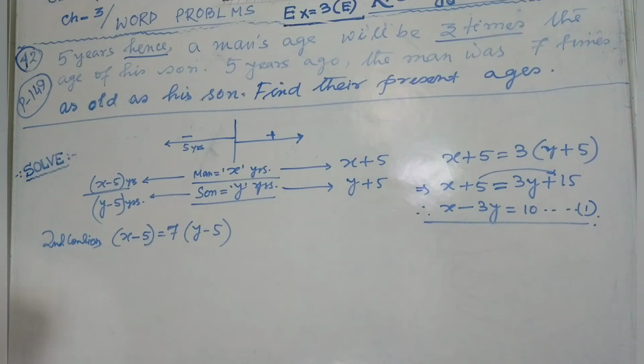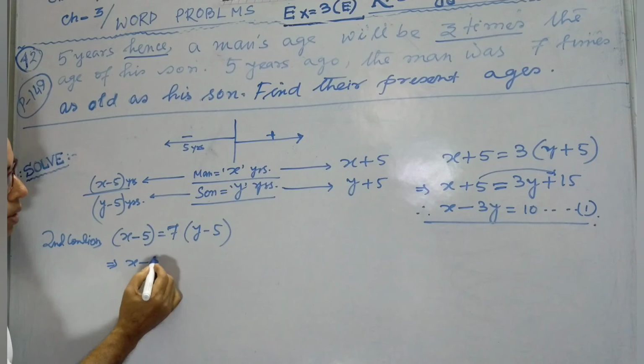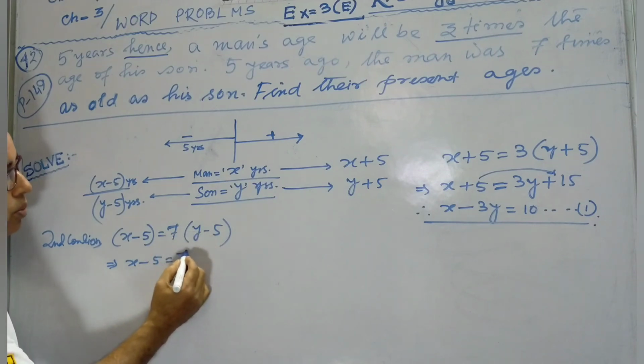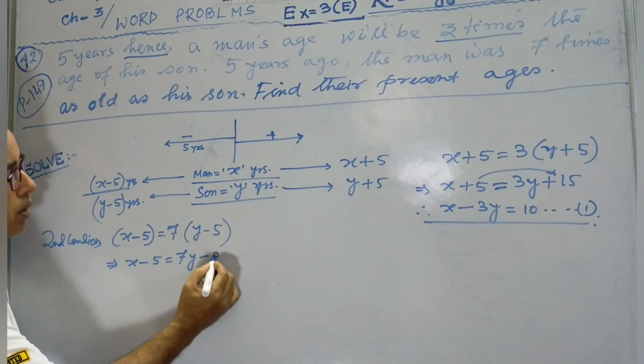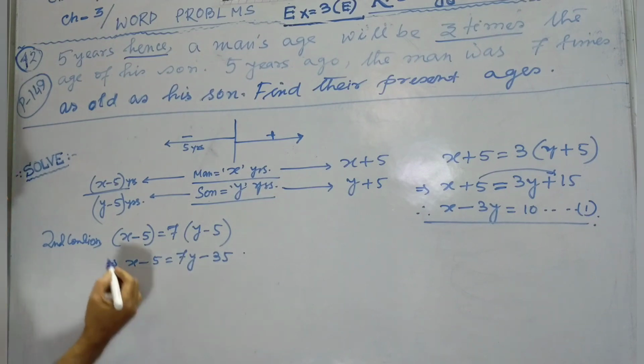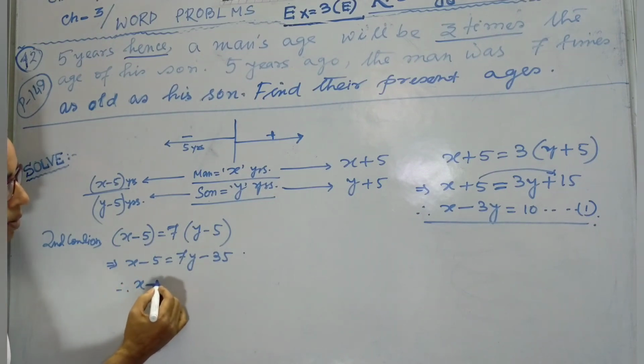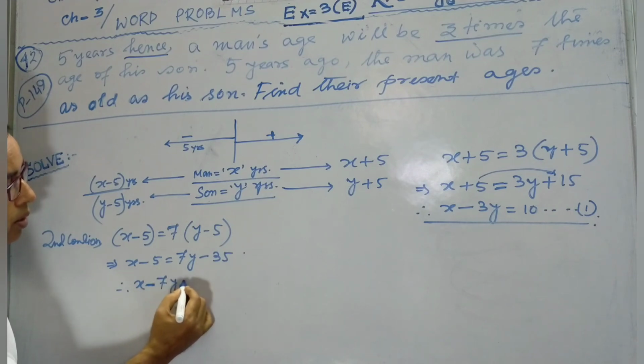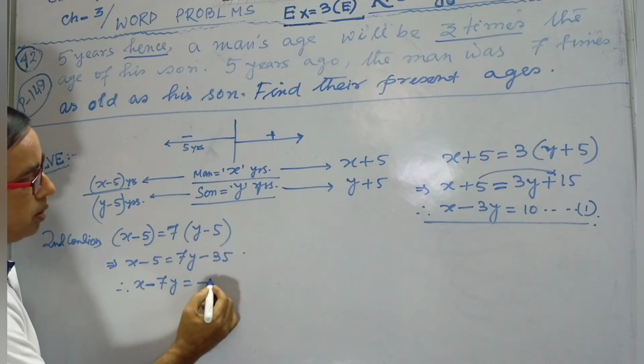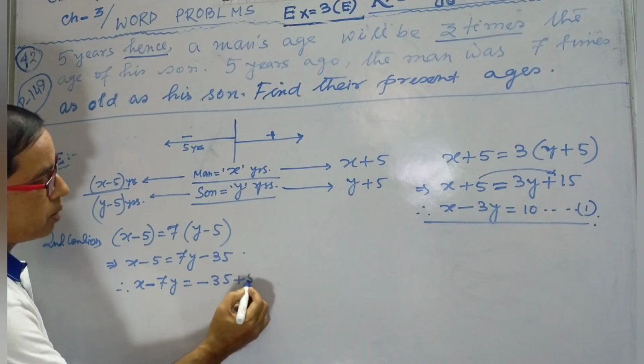Are you clear? Now, what will be the equation? x minus 5 equal to 7 into this, means 7y minus 35. Therefore, we can write x, 7y will come this side, x minus 7y equal to, 5 will go that side, minus 35 plus 5.